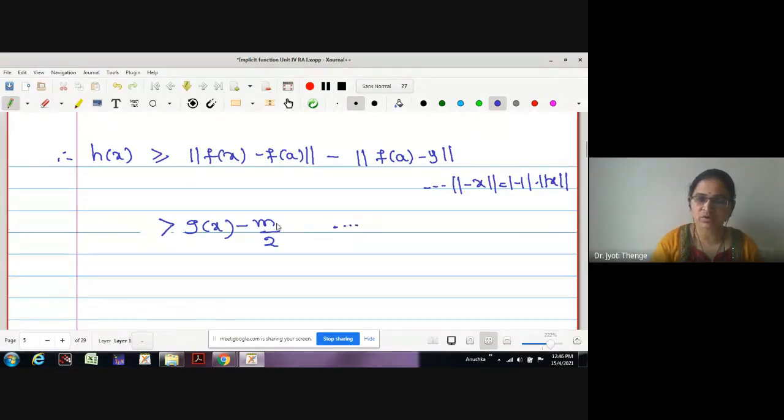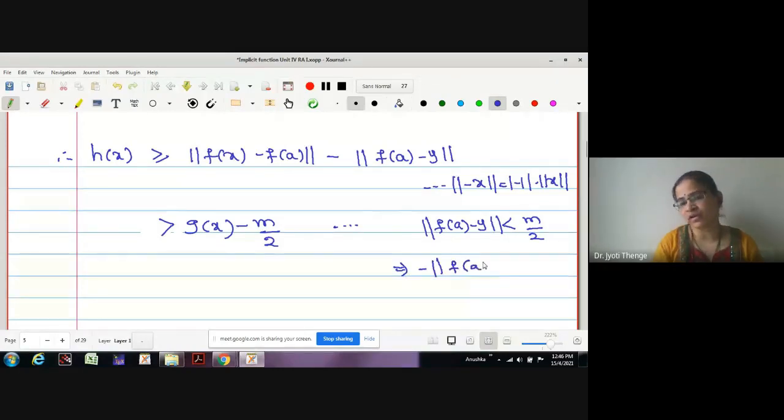Are you getting me or not? Norm of fa minus y is less than m by 2. This we have proved. Let us multiply by the negative on both sides. Therefore, negative norm of fa minus y is strictly greater than minus m by 2. Now, this is what I have used here. Therefore, h of x we have proved to be greater than g of x minus m by 2.